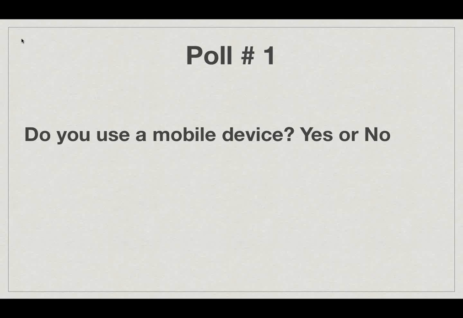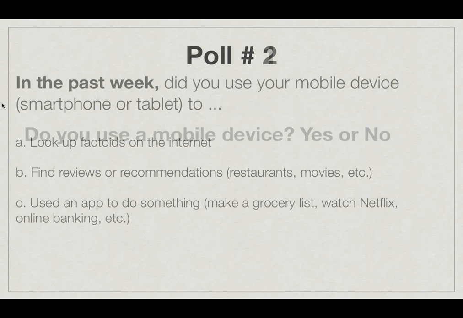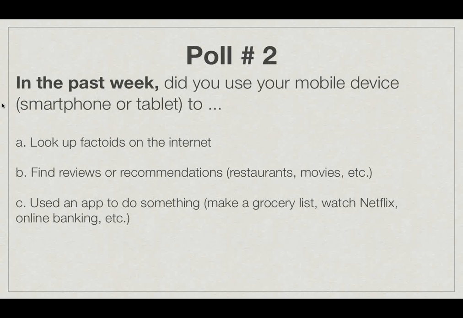I'm going to ask you a second question now, which is, in the past week, did you use your mobile device, either a smartphone or a tablet, to look up factoids on the internet, find reviews or recommendations, or used an app to do something? So make a grocery list, watch Netflix, use online banking, or some such thing. So this is pretty interesting.